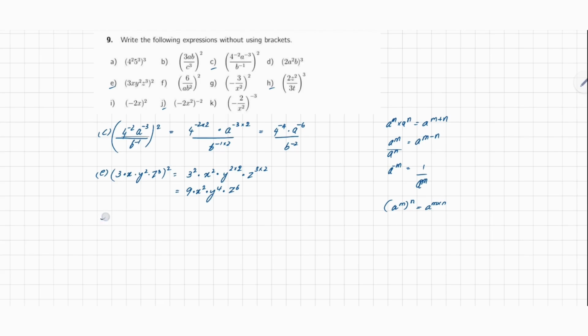Next we have H, 2z squared over 3t cubed, which can be written as 2 cubed times z to the power 2 times 3 over 3 cubed times t to the power 3, which can be written as 8 times z to the power 6 over 27 times t cubed.